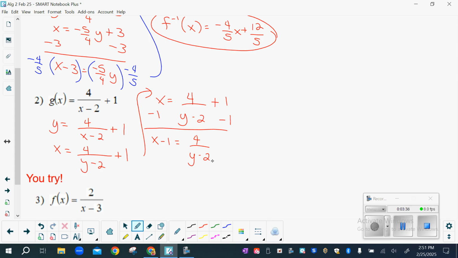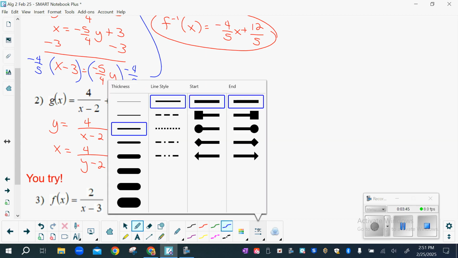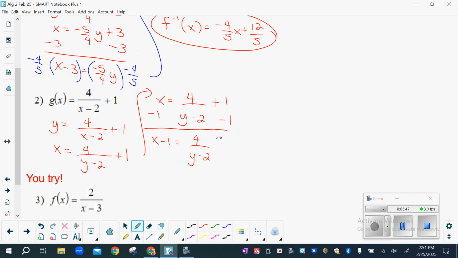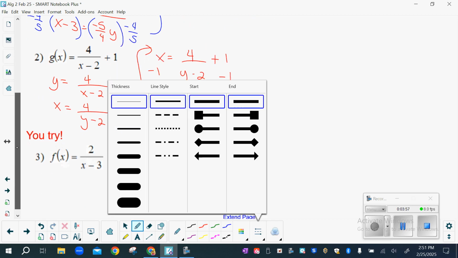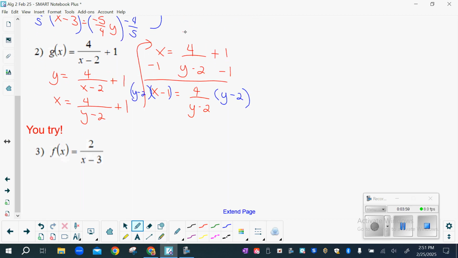How do we get it out of the denominator? Yeah, we're going to multiply both sides by that whole denominator, y minus 2. So over here we get y minus 2 times x minus 1, and then these cancel and give us 4.